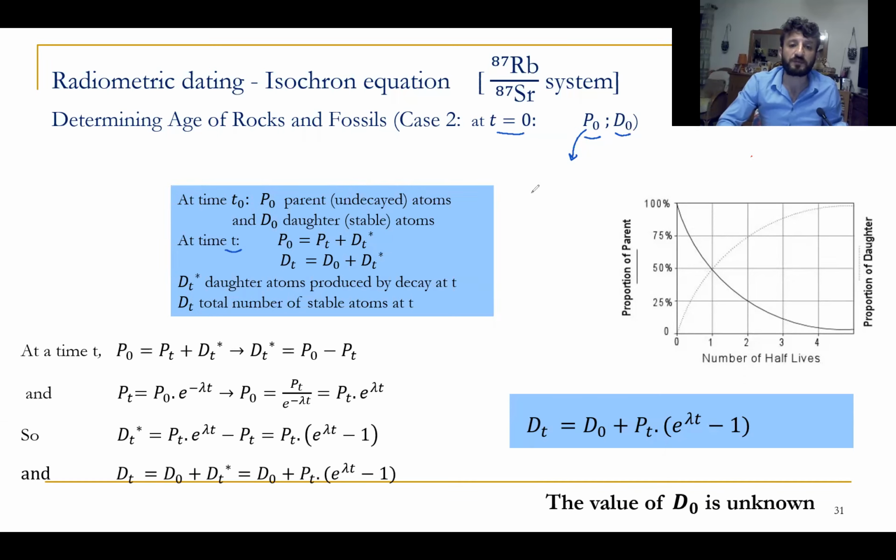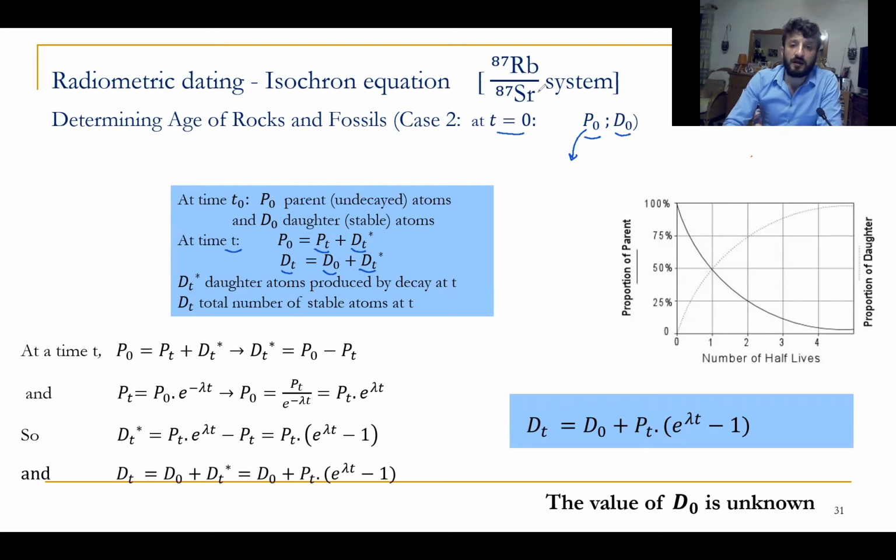So P0 at a time t equals Pt parent atoms plus Dt* of stable atoms produced by decay. And the total number of stable atoms at a time t equals the initial number plus the produced number.